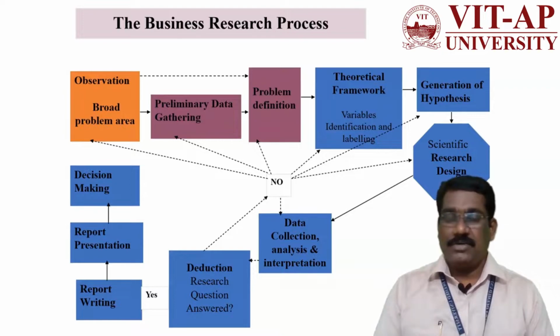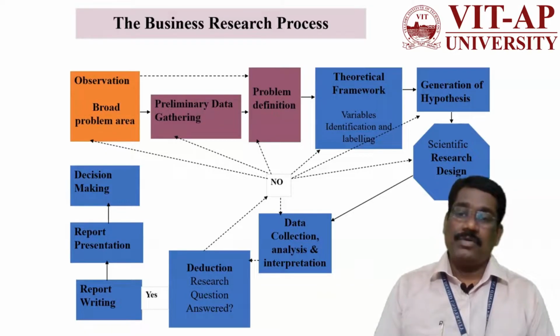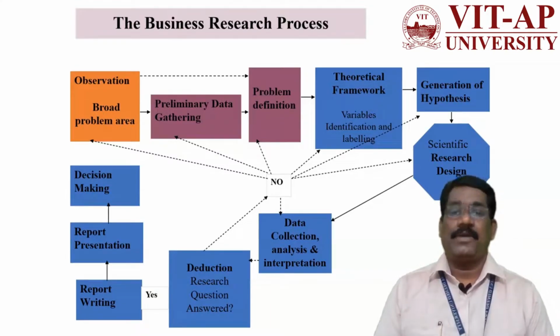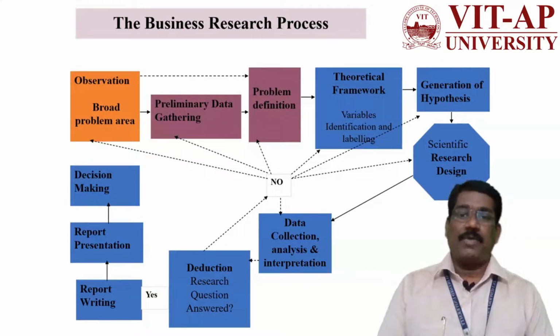As a manager, in order to identify the problem area, he has to do a kind of observation of the broad problem area pertaining to the problem issue. Then he has to go for collecting preliminary data pertaining to the identified problem.